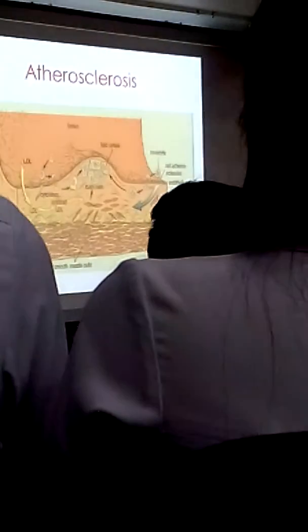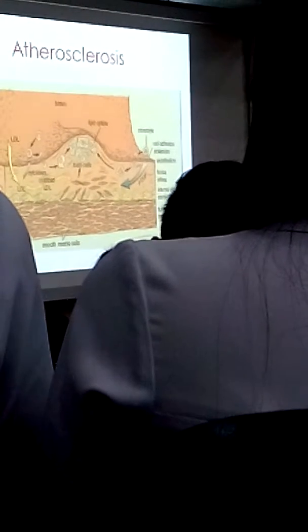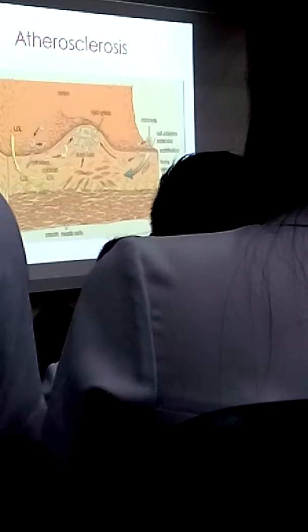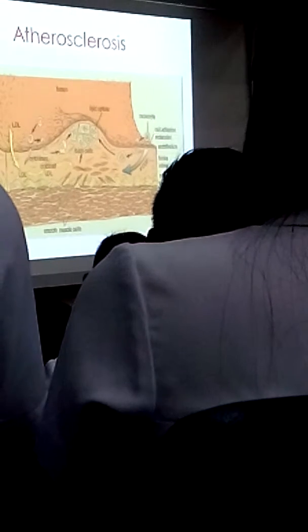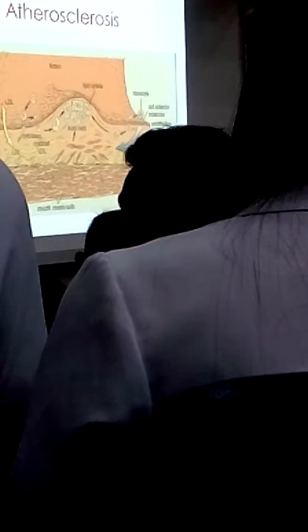And then the superoxide would in turn oxidize your LDL. And what's the response to the LDL oxidation? The monocytes, what are they?